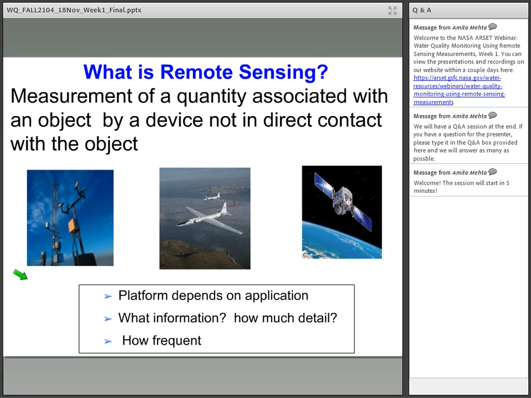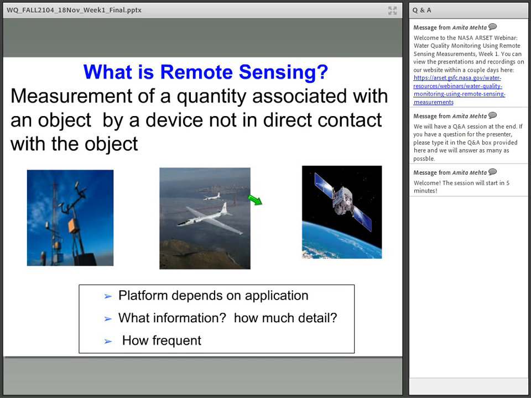The type of remote sensing or platforms used for remote sensing depends on the application for which remote sensing is used. For example, towers are mounted with instruments to measure the surface at very high resolution. Local areas are sometimes observed by these towers. Somewhat larger areas can be observed by aircraft carrying multiple instruments and taking remote measurements of surface and environment.